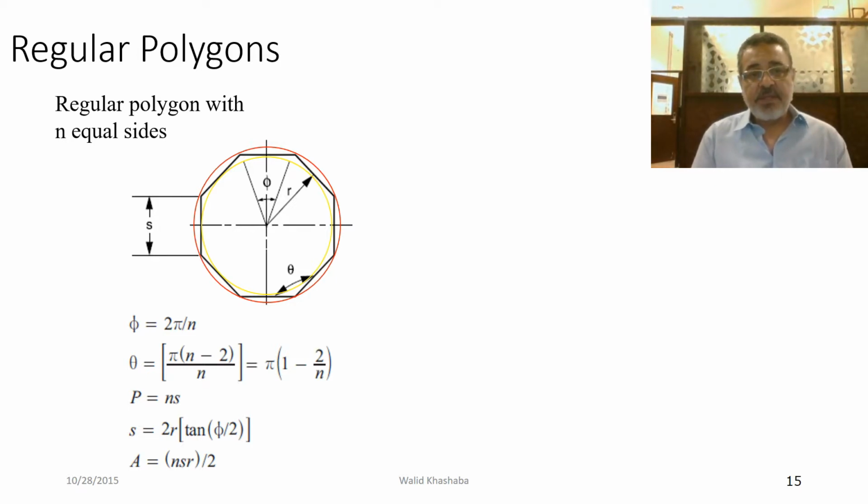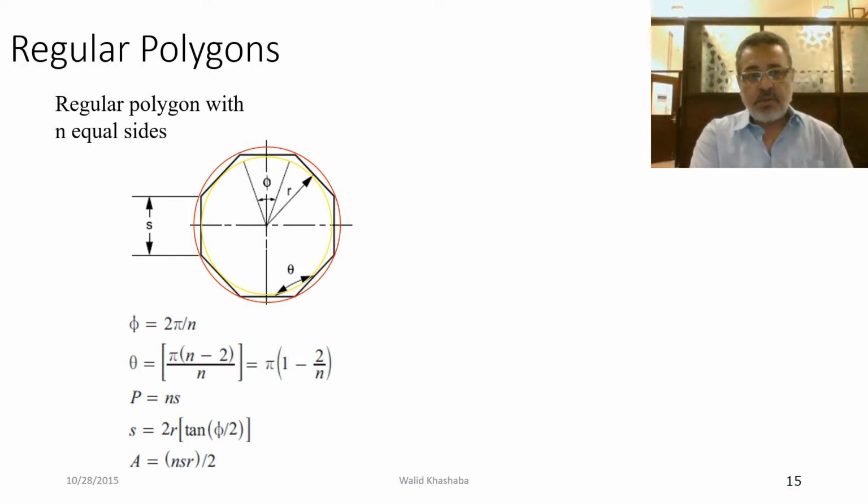Phi is the central angle from the center of the circle that is circumscribed around the polygon here, and theta is the vertex angle.